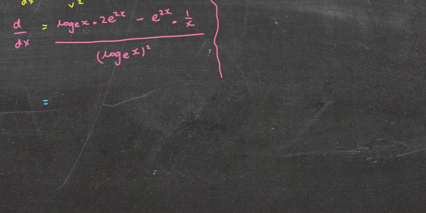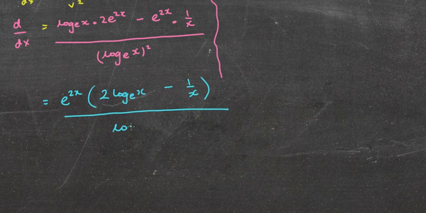You might say we've got an x there, but that might be a bit more challenging. So I'm just going to start off with e to the power of 2x out the front. So in brackets, what I've got left is 2 times log e x minus, having taken the e to 2x out, 1 over x left inside the brackets, all over log e x squared.